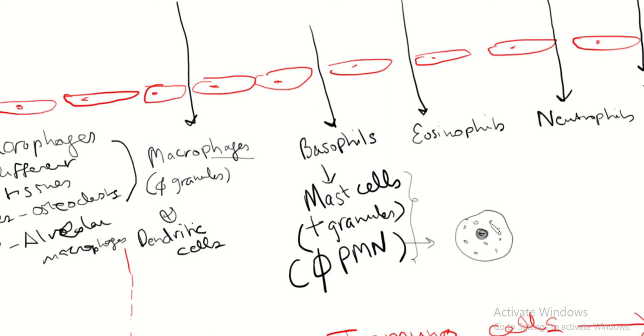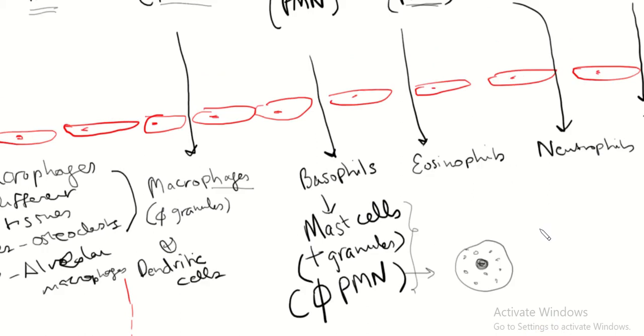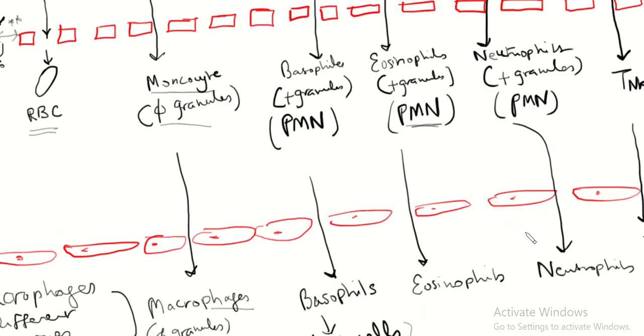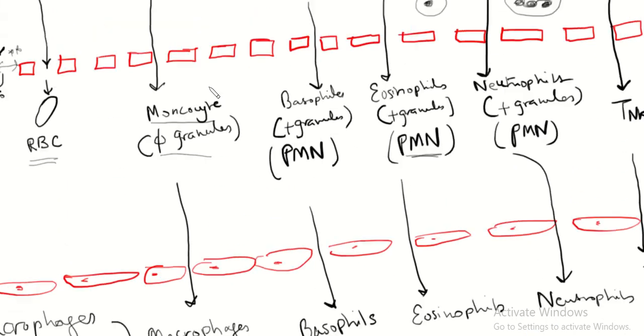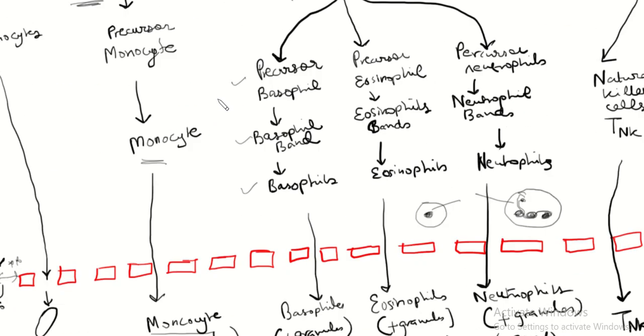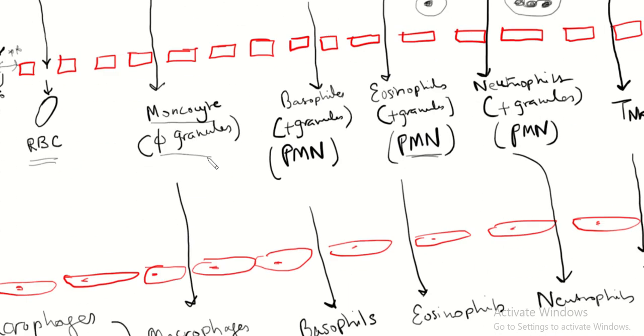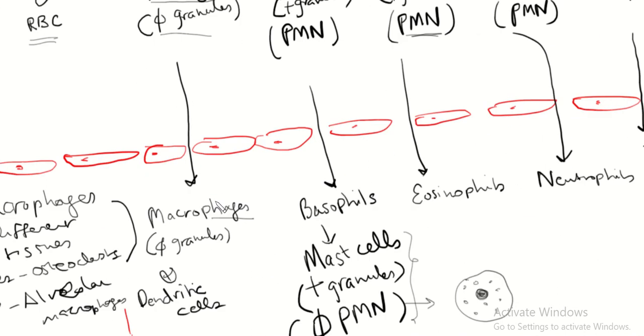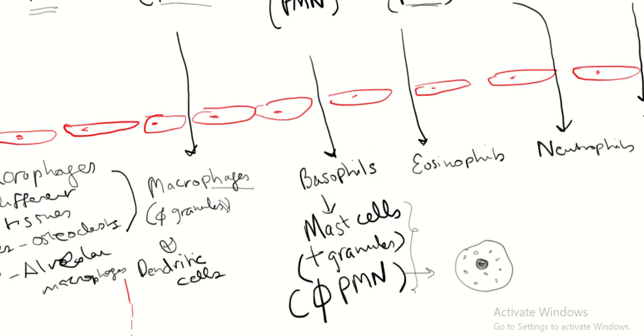Just some things to think about. So again, you have monocytes. Remember, we are still on the myeloid stem cells or myeloid lines. So you have monocytes because they're stimulated by agranulocyte colony stimulating factors. They don't have granules, and they become macrophages and dendritic cells, and they don't have granules either.